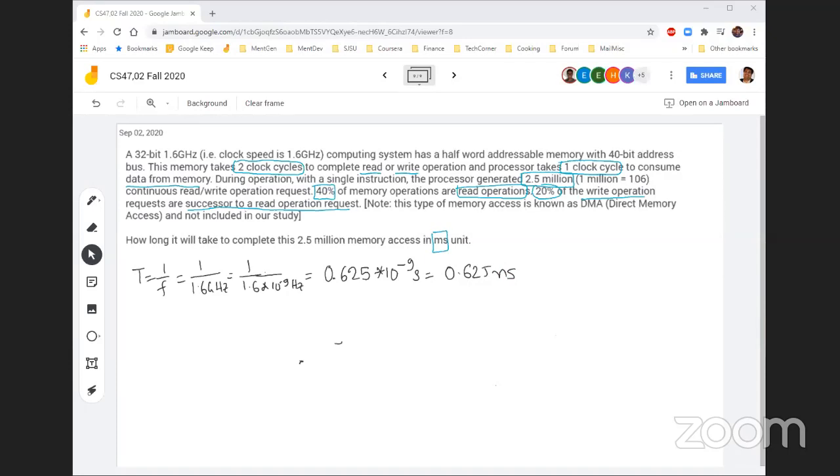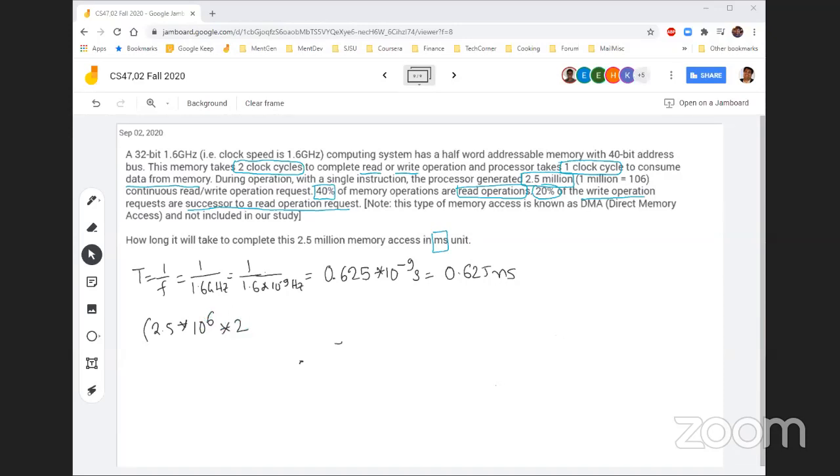Now we start with this type of problem with no consideration of the special situation. Let's say there is no 1 extra clock cycle to consider. In that case, we can calculate the total number of cycles needed: we have 2.5 million operations, 2.5 times 10 to the power 6, multiplied by 2.